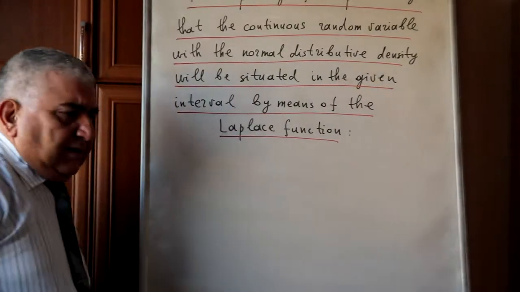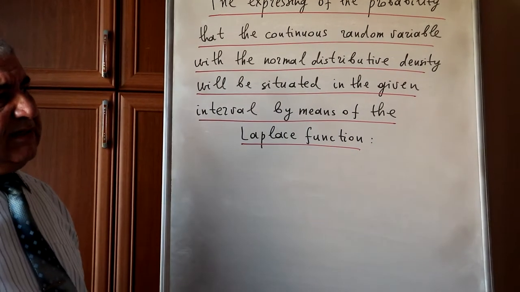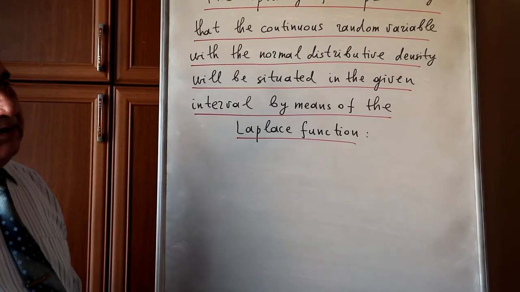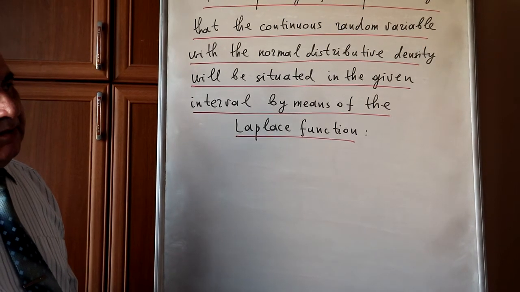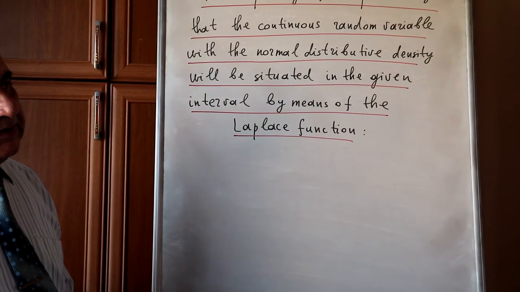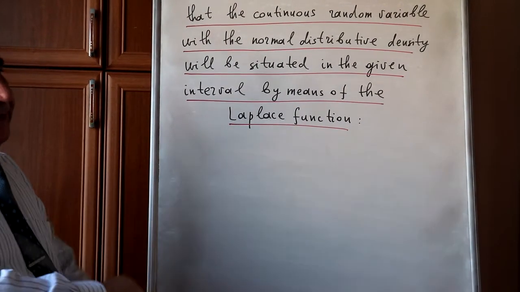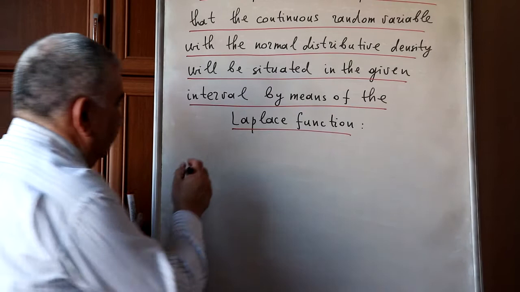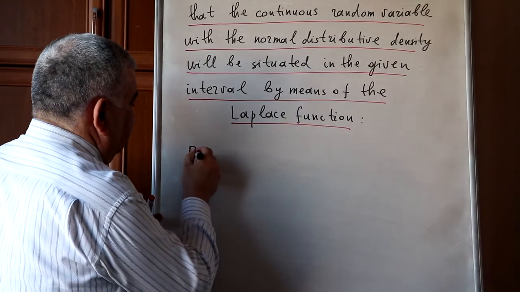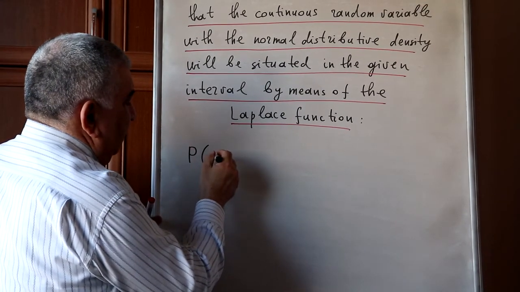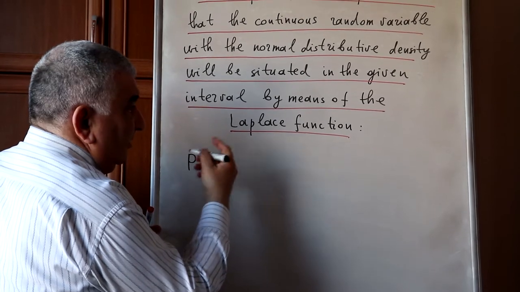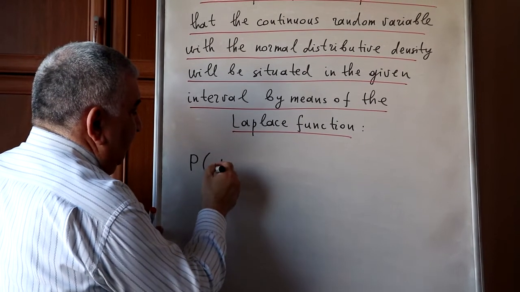Remember the formula of the probability that a continuous random variable will belong to the given interval by means of the error integral. See that x will be situated between alpha and beta.